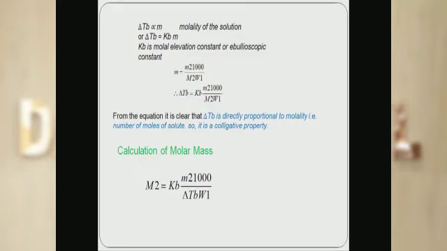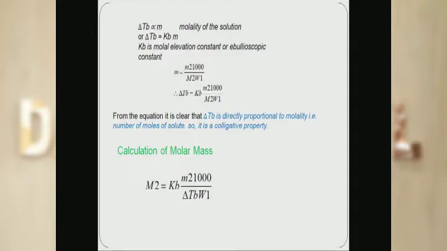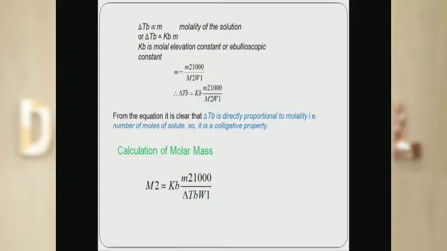So the formula becomes delta TB equals Kb into m2 into 1000 upon M2 into W1, where small m2 is the mass of the solute, capital M2 is the molar mass of the solute, and capital W1 is the mass of the solvent.